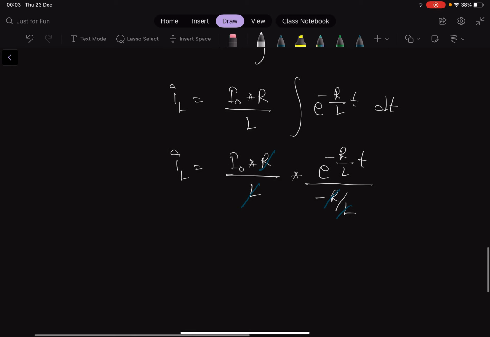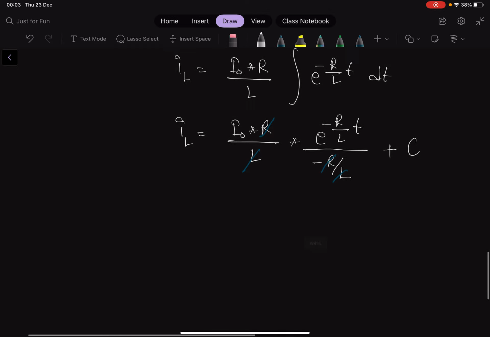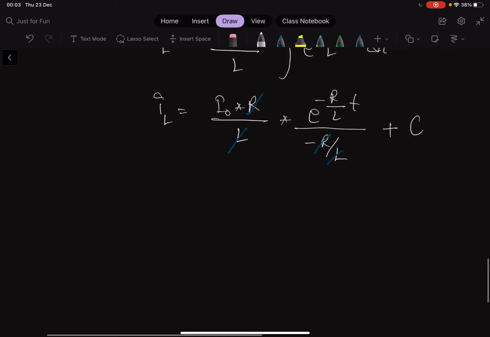We got IL equals, but remember, since it's integration, I forgot to mention the constant C. So I need to mention that constant C there. And then IL is going to be I naught times minus e to the power minus R over L t plus C.